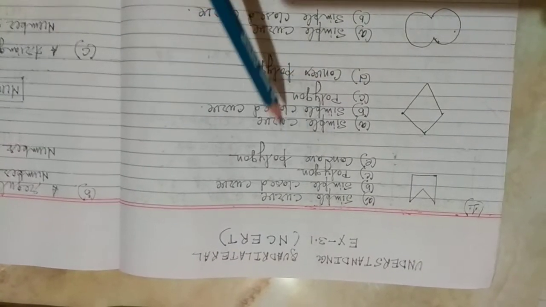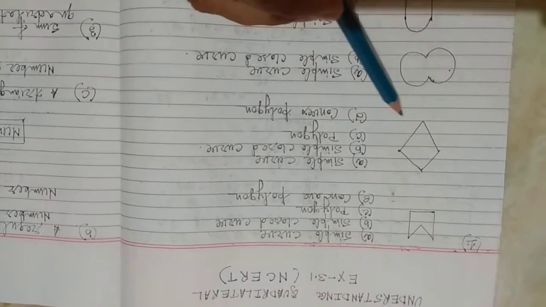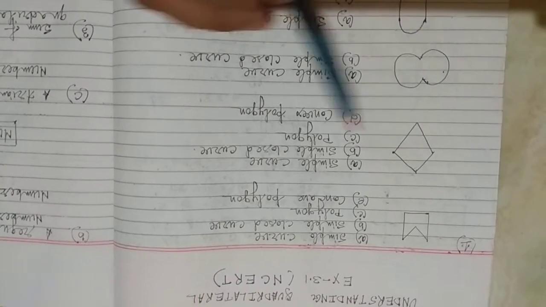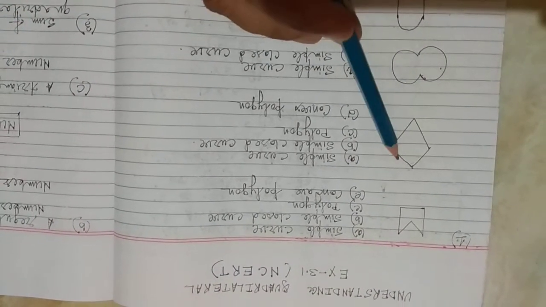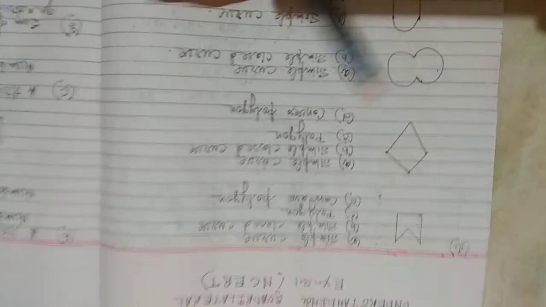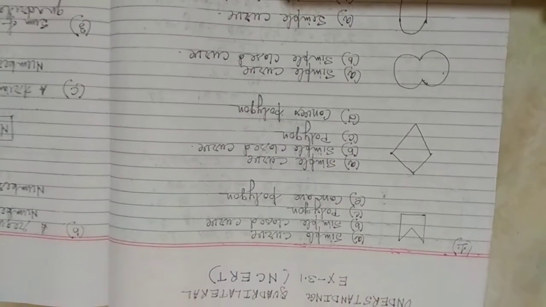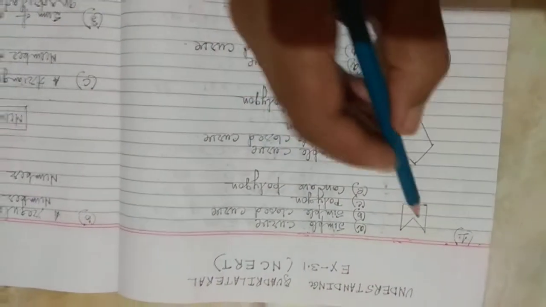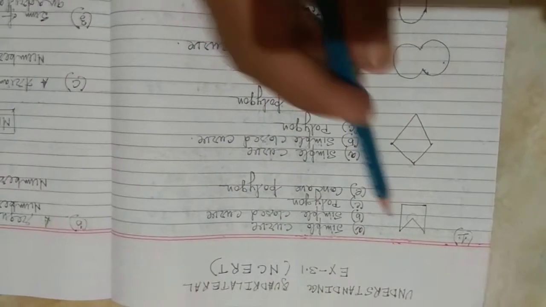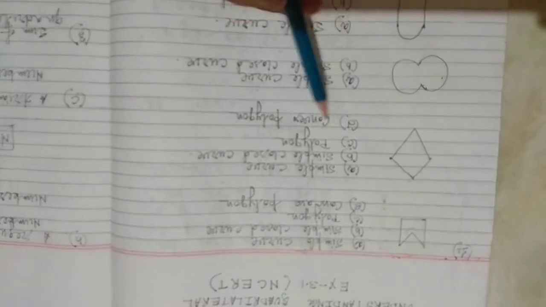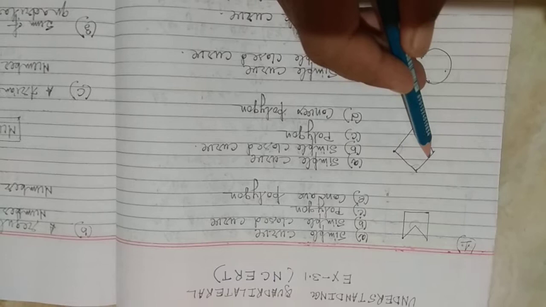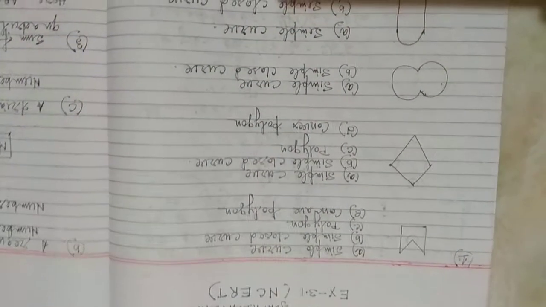This figure is a simple closed figure, and it is a polygon made of 4 line segments. So it is a polygon and it is a concave polygon because this angle is more than 180 degrees. And this one is a convex polygon because all the interior angles are less than 180 degrees.